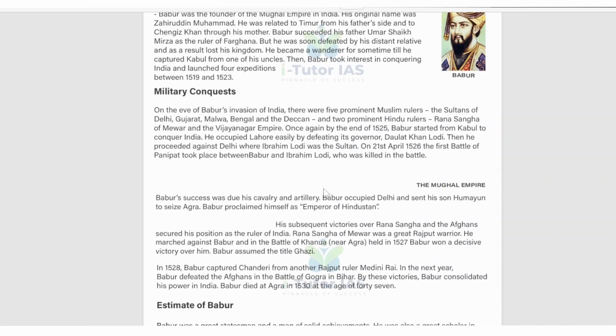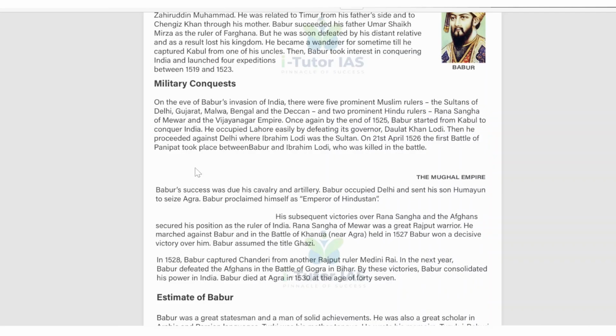Okay, and military conquest. On the eve of Babur's invasion of India, there were five prominent Muslim rulers: the Sultans of Delhi, Gujarat, Malwa, Bengal, and Deccan, and two prominent Hindu rulers, that is Rana Sanga of Mewar and the Vijayanagar Empire. And in the last chapter we discussed the Vijayanagar Empire.